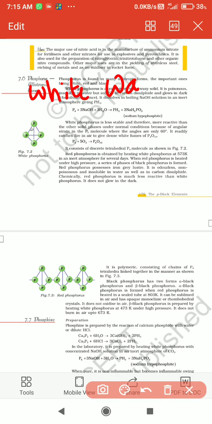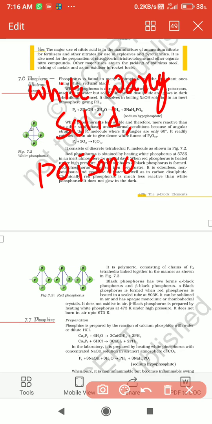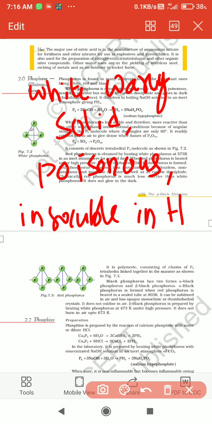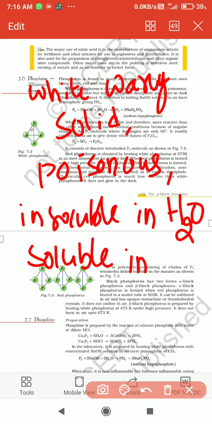It is also a poisonous compound, and it is insoluble in water but soluble in carbon disulfide, where it dissolves very fast.